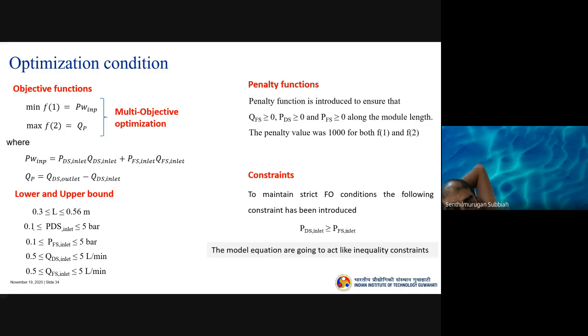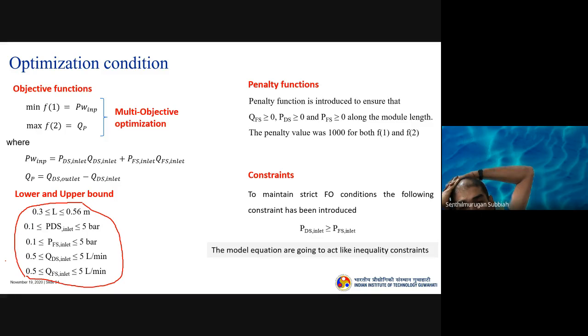Now, from our simulation, we can conclude this is the limit we can fix for all our decision variables. So what are the decision variables here? The length of the module, the pressure drop across the cell side, and then QDS and QFS. The penalty functions ensure the module is operated at positive pressure and positive flow.